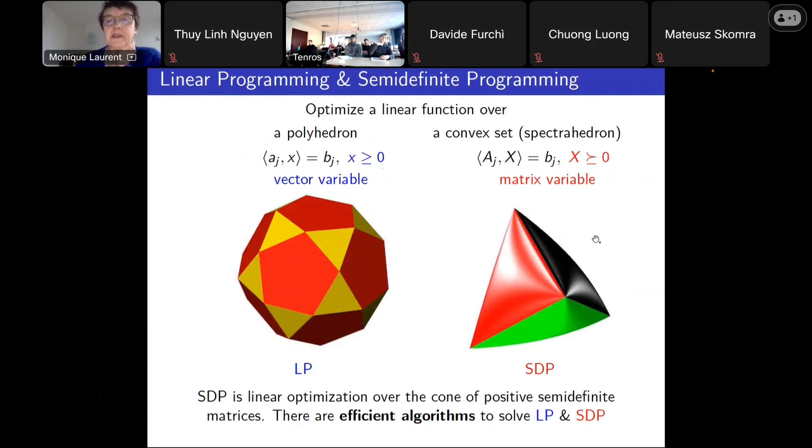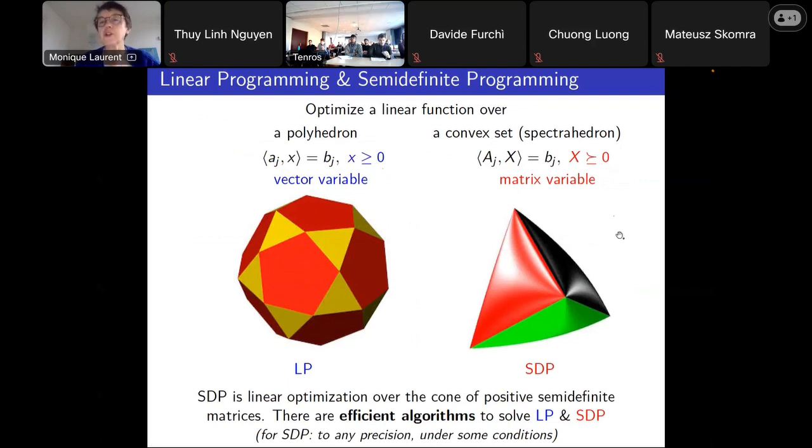And the key point is that such problems can be solved efficiently. There are efficient algorithms to solve linear programming and semi-definite programming, with a caveat that for SDP, one should set some conditions on the program, like the existence of a small ball inside and a big ball containing the feasible region.